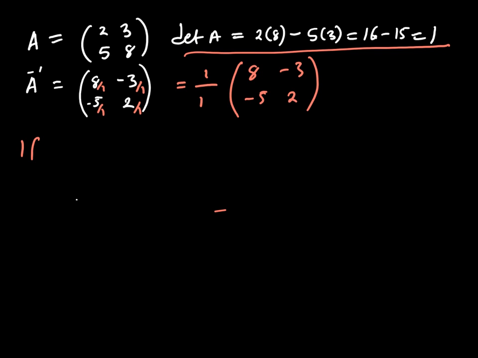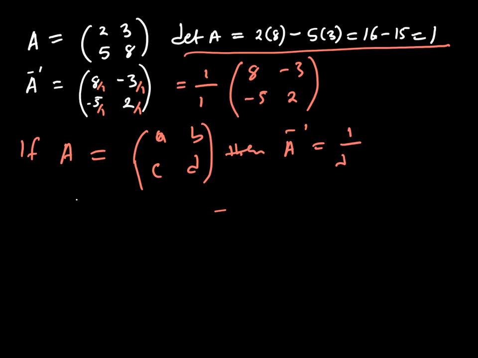So if A is a matrix which is a, b, c, d, suppose, okay, that's a general matrix, then A inverse will always be 1 over determinant.